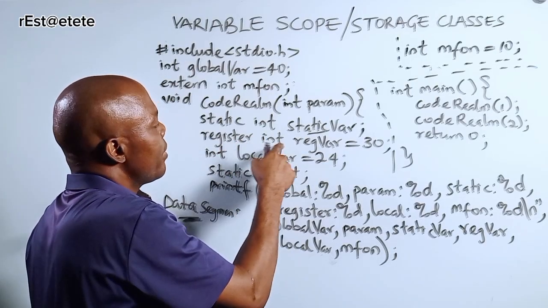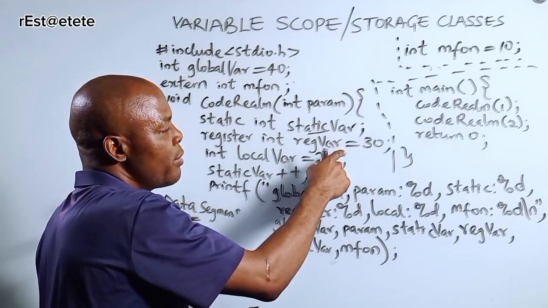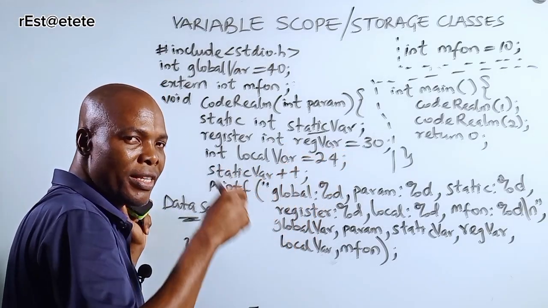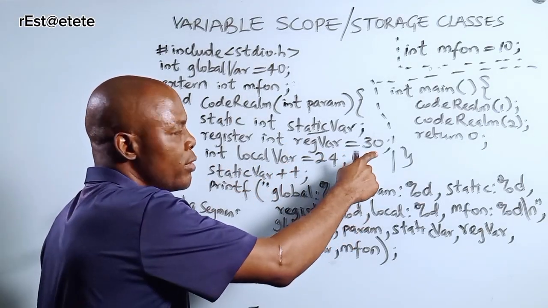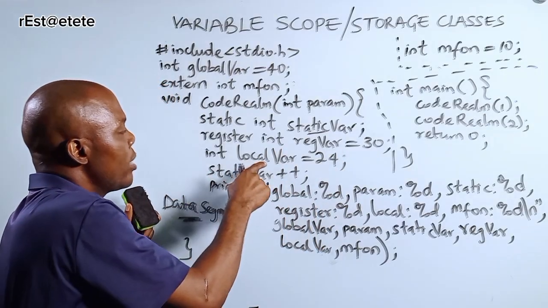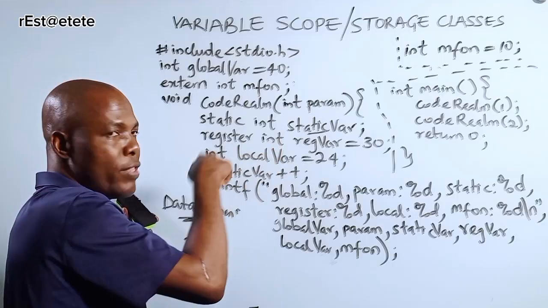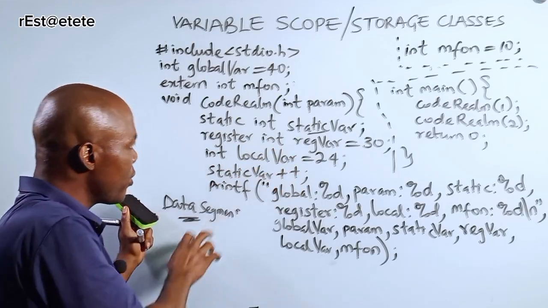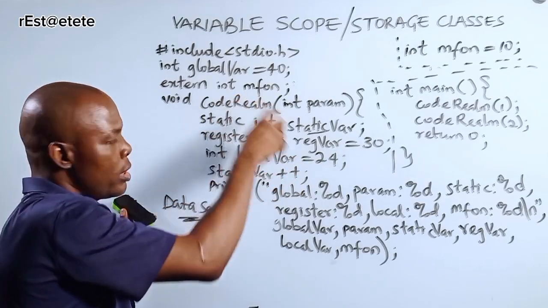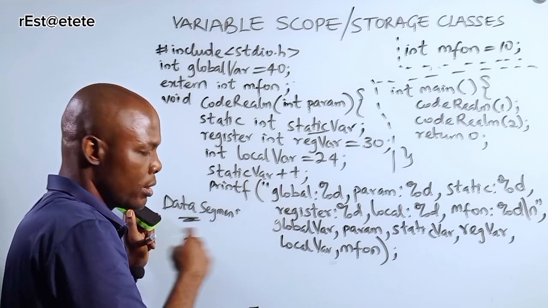Then register. So reg variable will be created in the register of the CPU, and 30 will be assigned to it. Then local variable, this is what? Ordinary citizen of this kingdom will be created when this function is called. So 24 will be assigned to it.